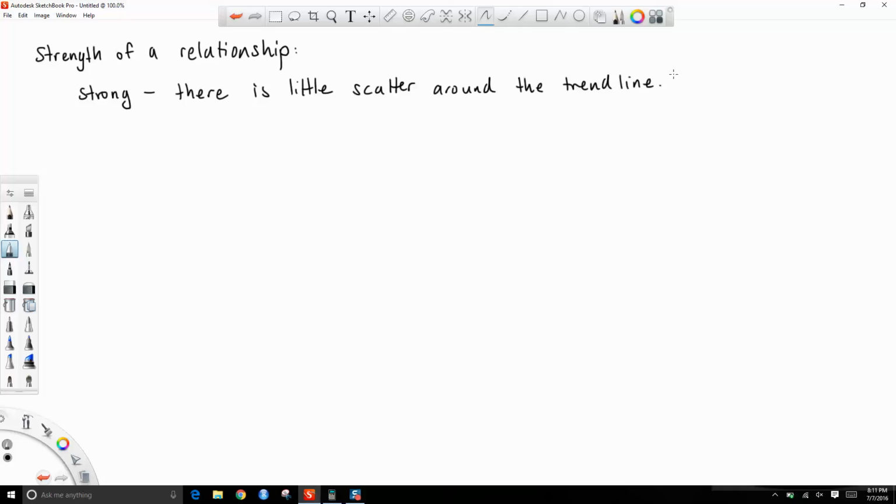Okay. Another way to describe a strong relationship is that if you have a value for the x, okay, you can make good predictions for y.